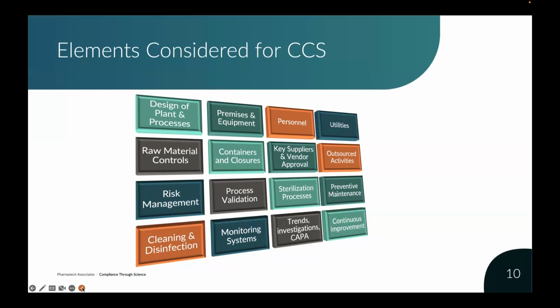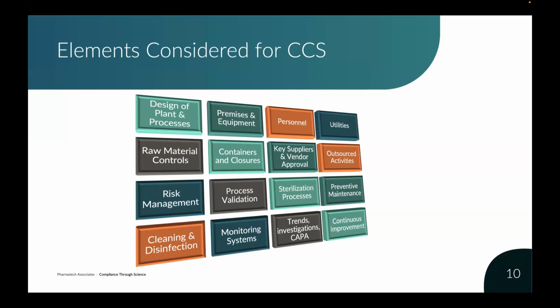Personnel, both their hygiene and gowning. Utilities that support your contamination controls, such as your HVAC systems. Raw material controls: a lot of the particulate matter that ends up in our drugs is coming through some of our raw materials, both microbial and particulate.